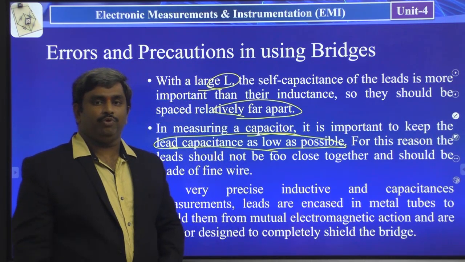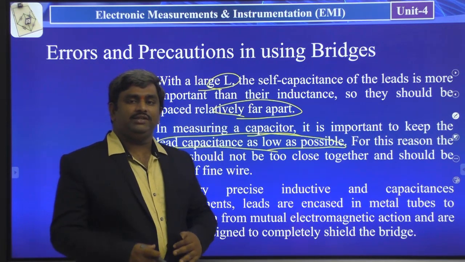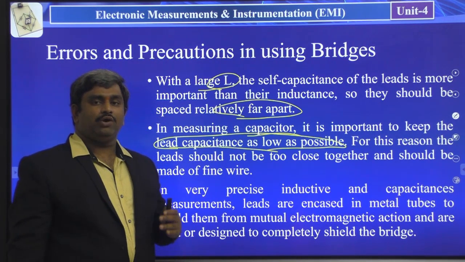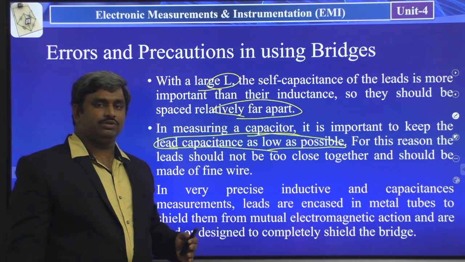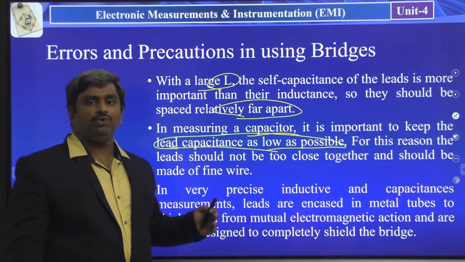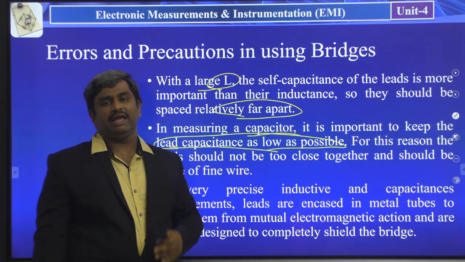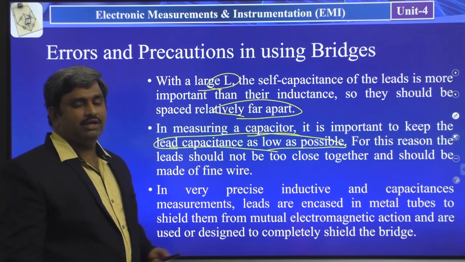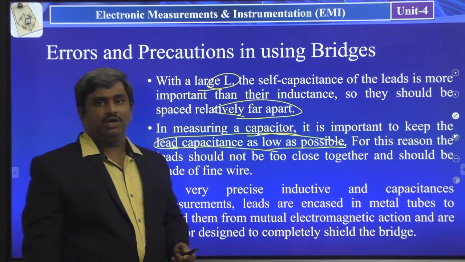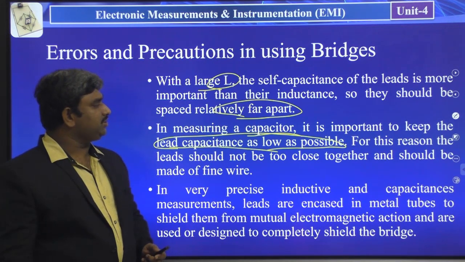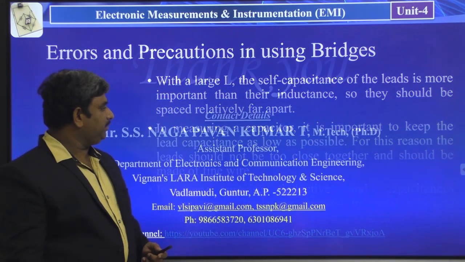It is very important. To maintain accurate results and get good measuring values, we have to reduce the contact or lead resistances and capacitances in these AC bridges and DC bridges. So these are some of the precautions while using bridges.